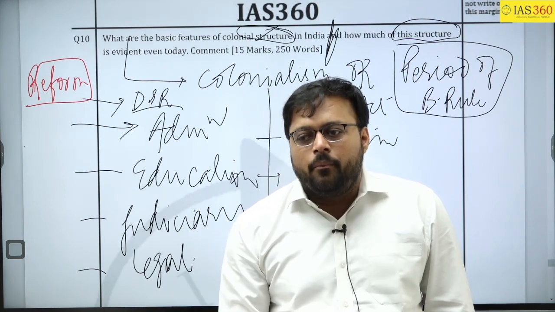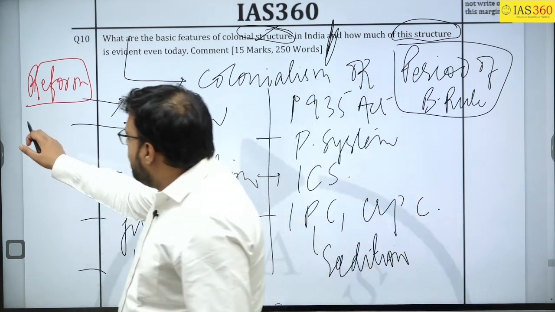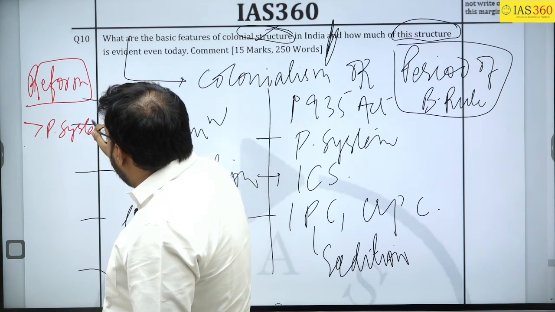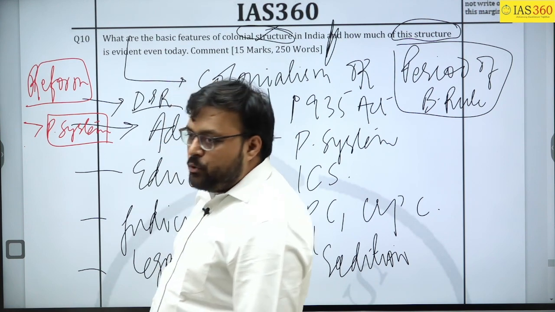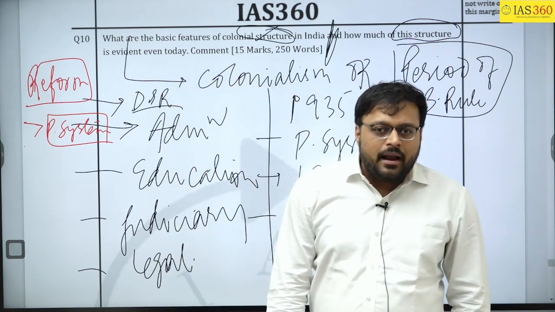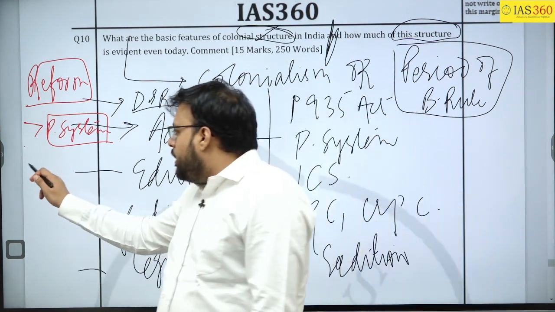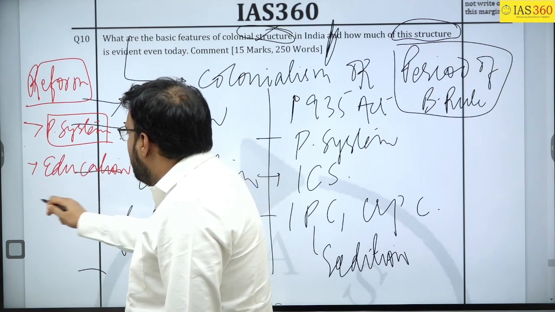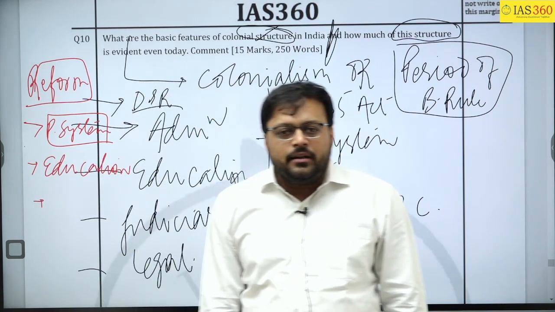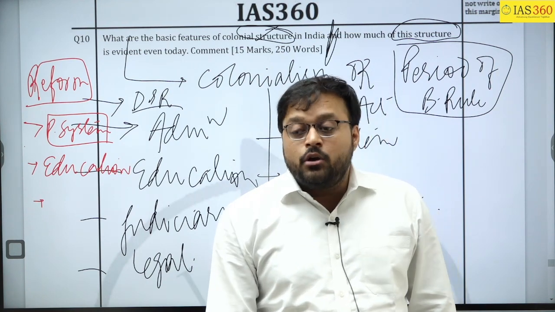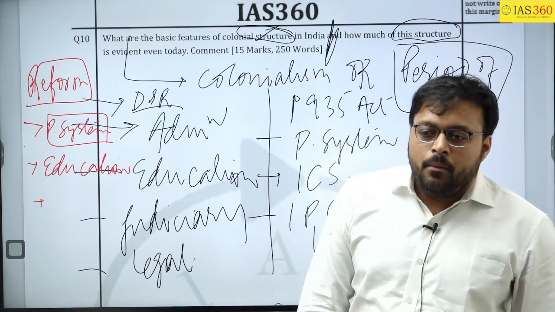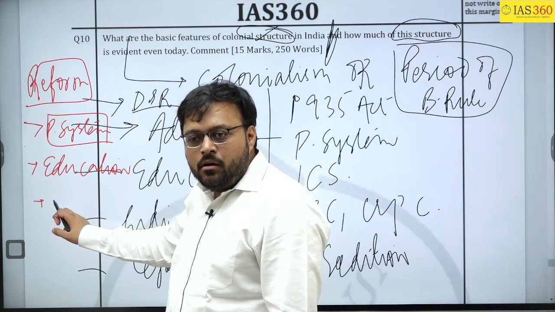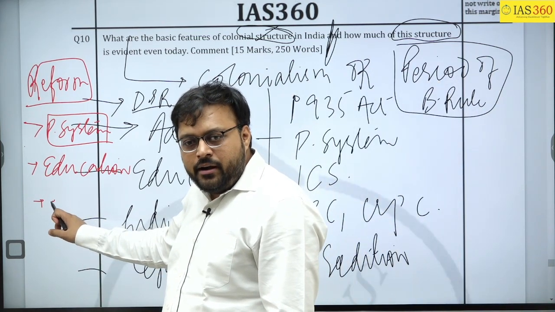There is reform, and then you can mention the reform in the parliamentary system, where we are bringing changes through the rules of procedure of the Lok Sabha and the Rajya Sabha. Then you can talk about education. We have brought a new education policy and are providing education in the mother tongue, which was not possible at the time of the Britishers. Then you can talk about anything more which is evident today.